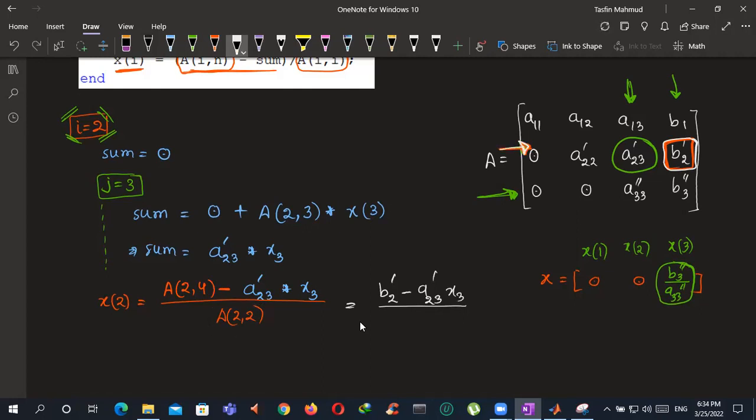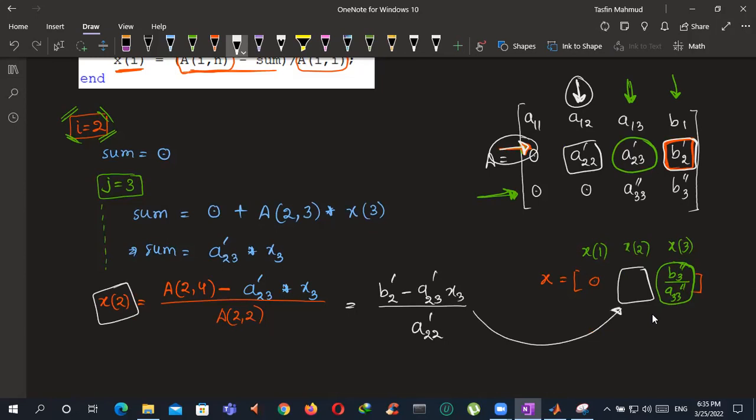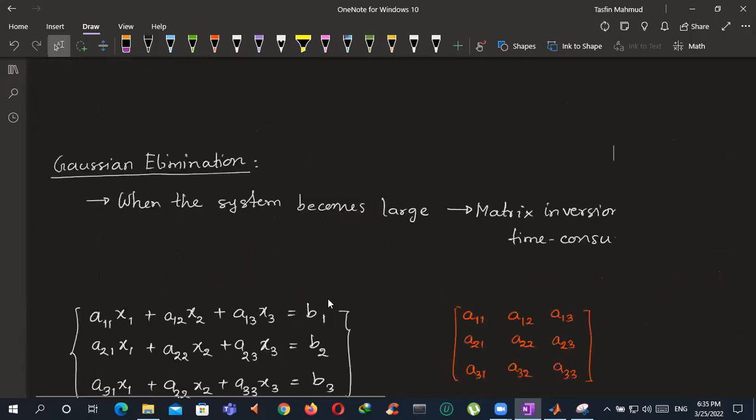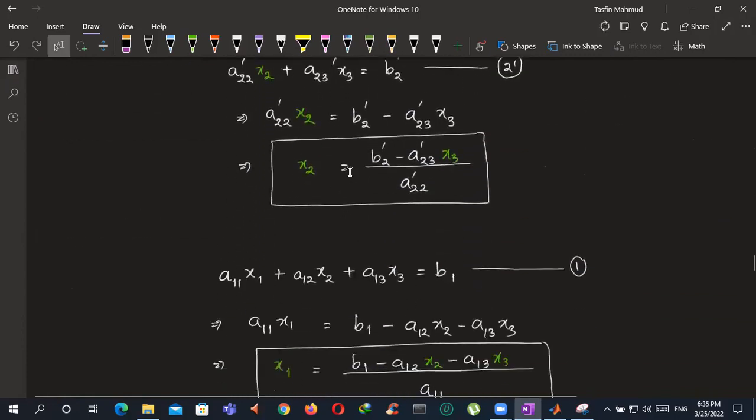Second row, second column, a2,2 prime. And we are assigning it to x2. It means we are updating the x2 variable. So we have this here now. And if I move back and look at the x2 variable's value, we actually did the same thing.